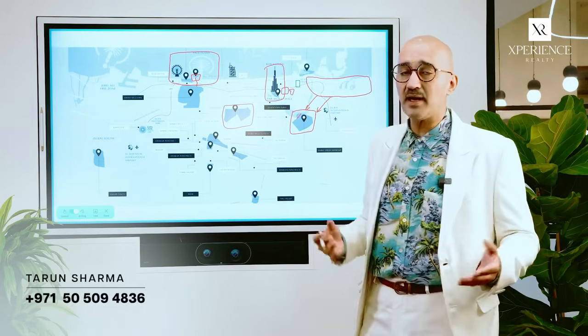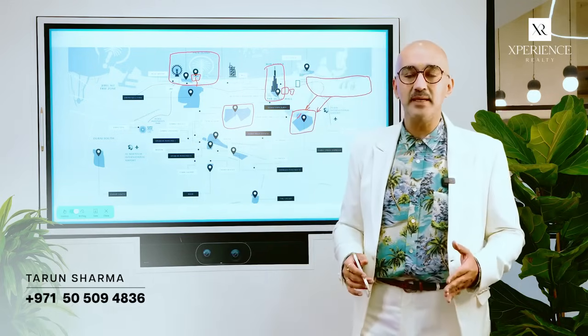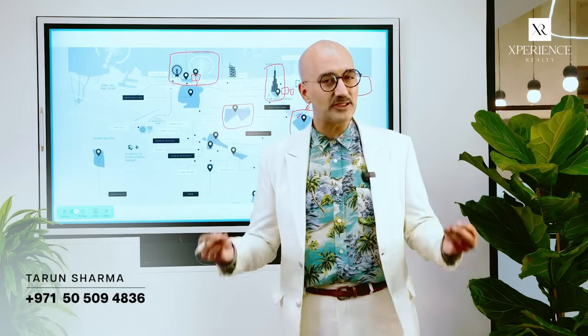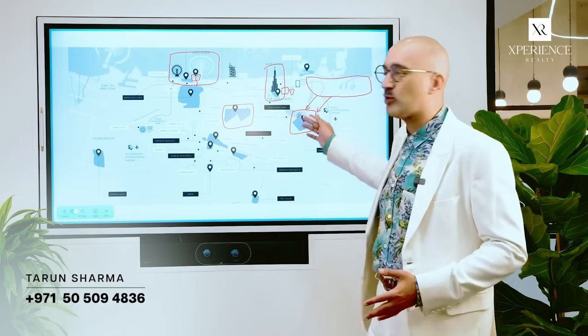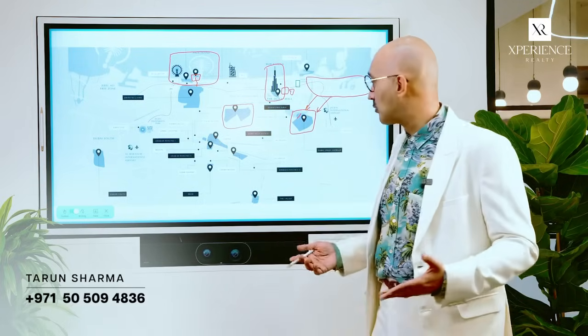So the options are fairly limited. Downtown will always be the pulsating heart of Dubai, and it will always continue to have the demand it has today, because it's very difficult to replicate something like this. It's not easy. Even Emaar would have a tough time replicating downtown.